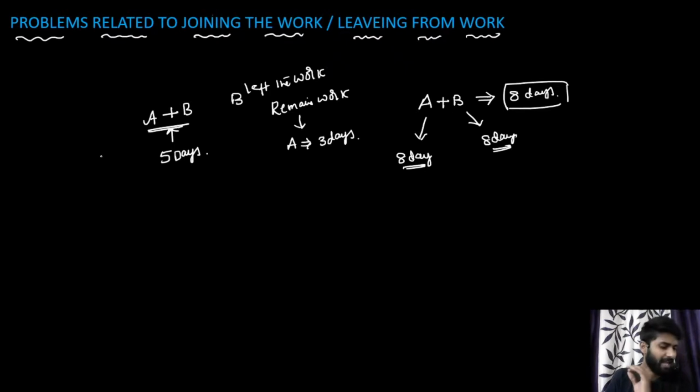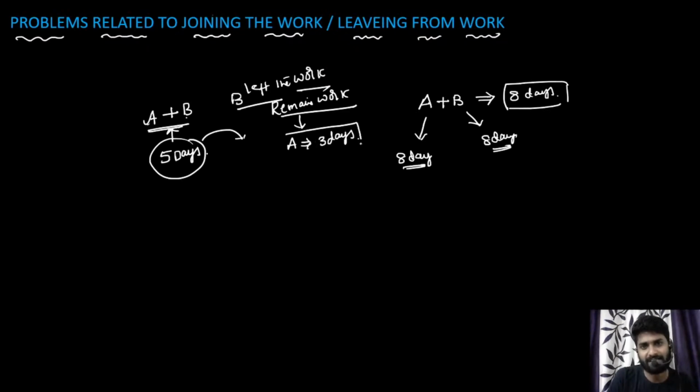Here my question: the entire work is completed in how many days? A and B work for 5 days. After B left, the remaining work was completed by A in 3 days. The total work is equal to 8 days.